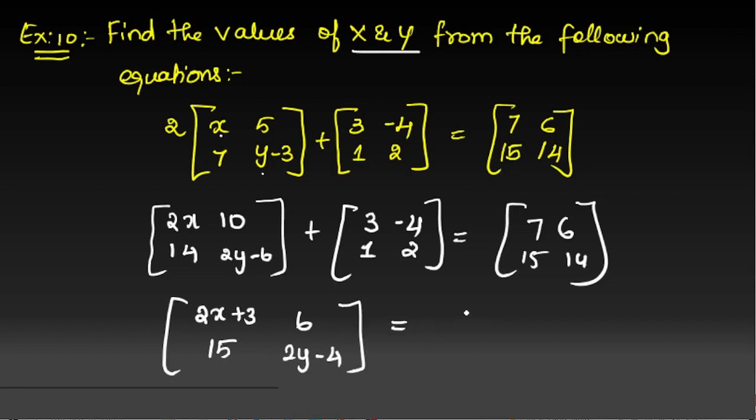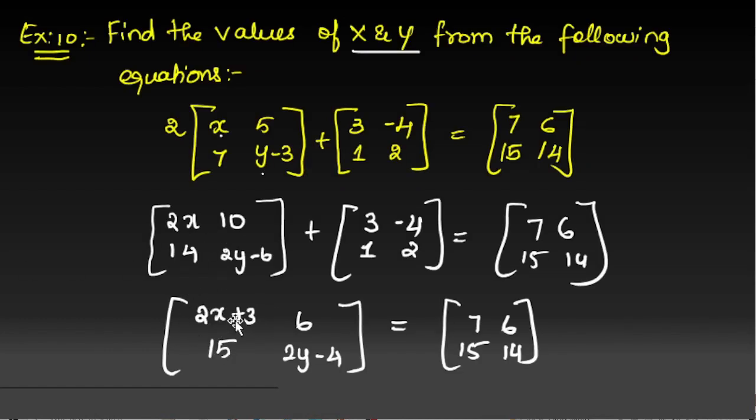So that will be equal to 7, 6, 15 and 14. I hope you are clear till this, right? First you are doing the scalar multiplication and you are doing the addition of both the matrices. Now you have to equate the matrices using equality of matrices.